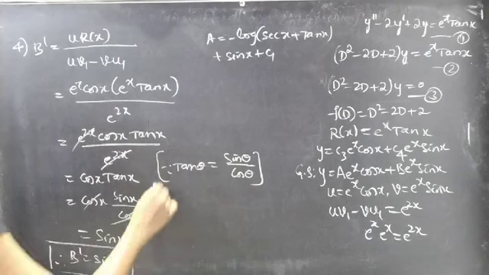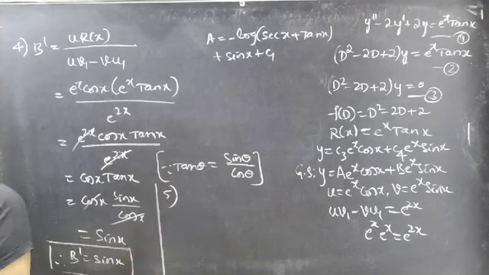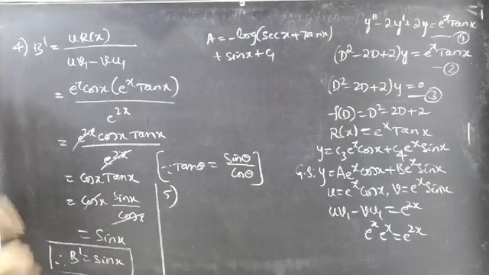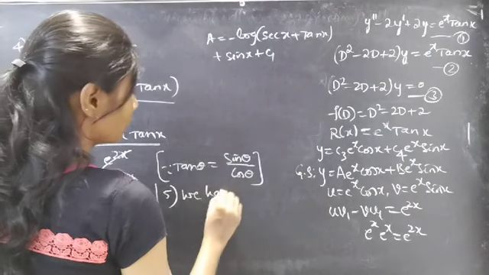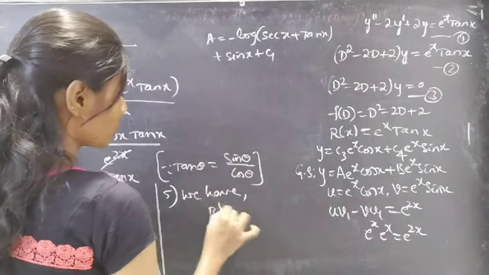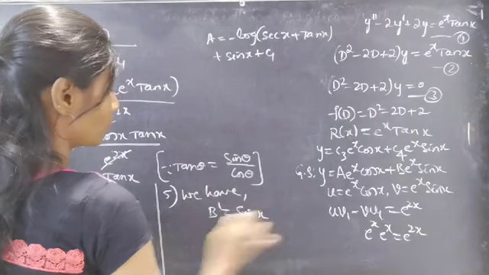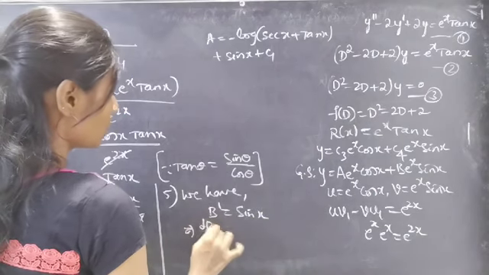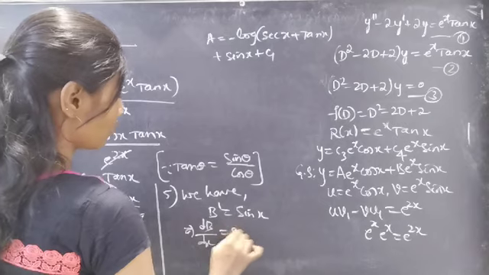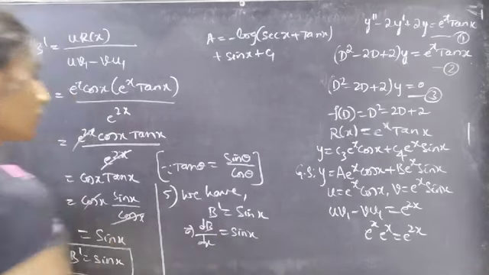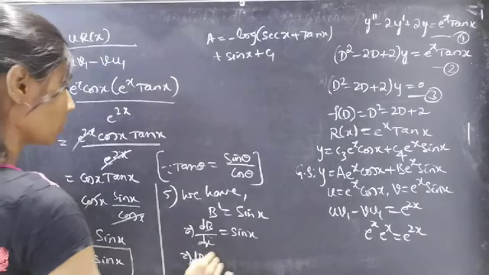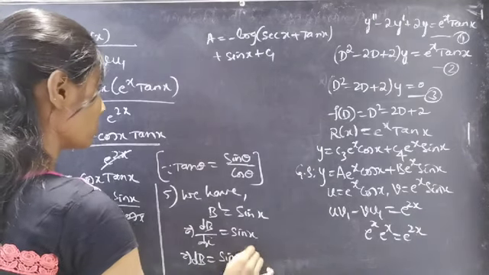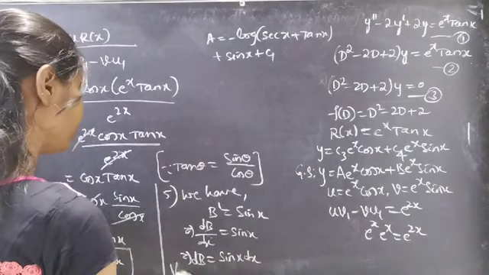Right? Let's now find B using B dash. We have B dash equals sin x. B dash is nothing but derivative of B with respect to x. Now just separate the variables by taking differential dx to RHS. We'll get dB equal to sin x dx, where the variables are separable.